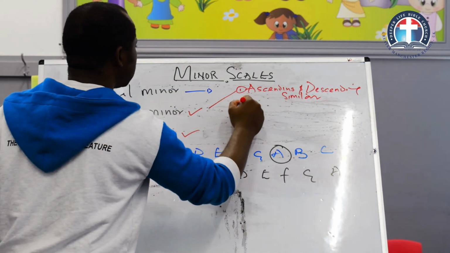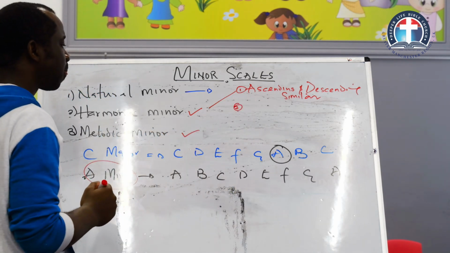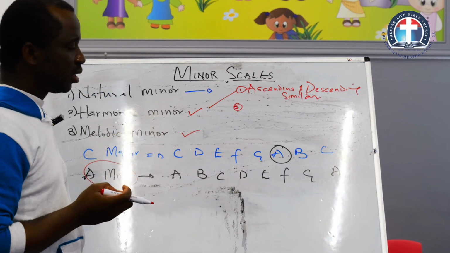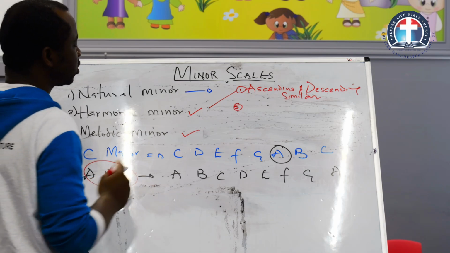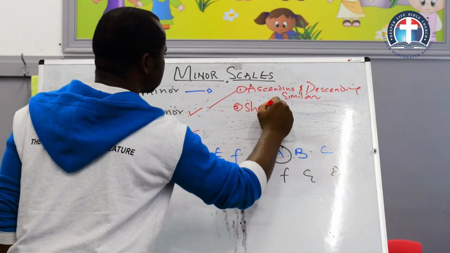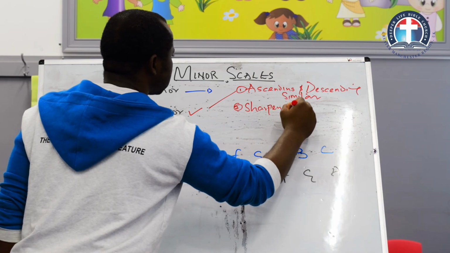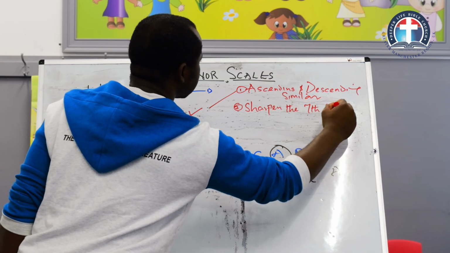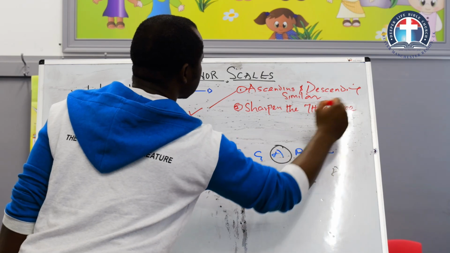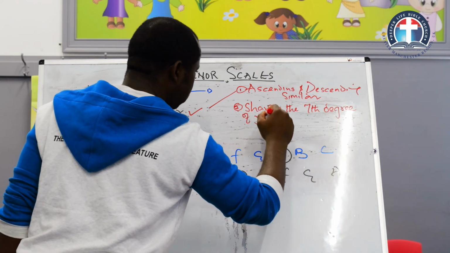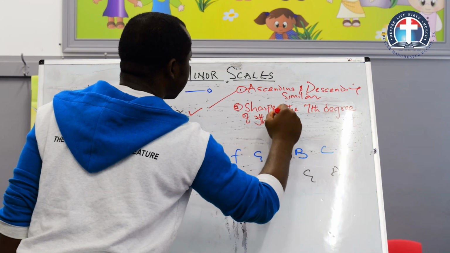Number two, the only difference is that you sharpen the 7th degree of the natural minor.